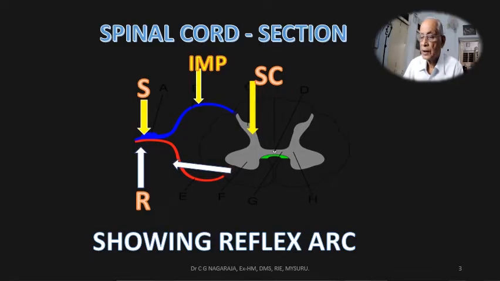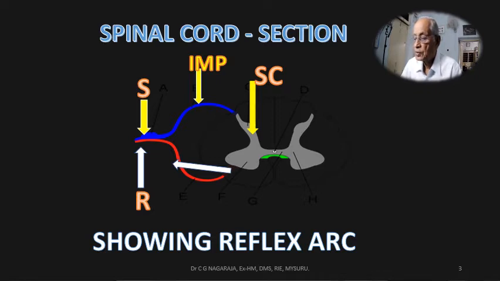Thank you. In this PPT, I have shown the spinal cord and its various parts. It is a section of the spinal cord. You see that H-like structure in grey color is the spinal cord. I have written SC. From the cross-sectional spinal cord, I have written one arrow showing S, that means stimulus.